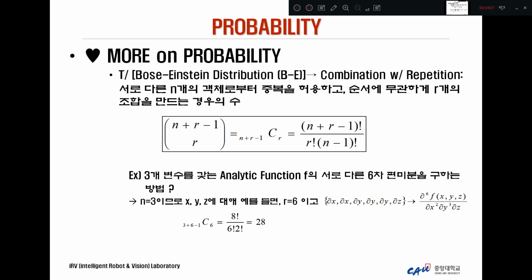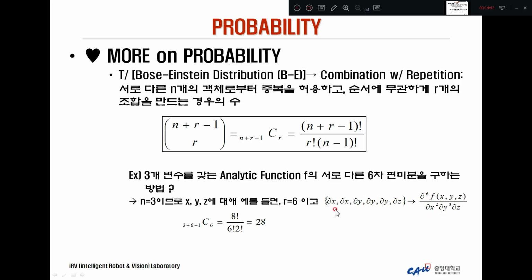So here we have n equals 3 because the number of variables is 3, x, y, z, for example, and a 6th order partial differential equation. Here we have del x, etc., del y, del z, etc. So we have a 6th order partial differential equation. So R is 6.